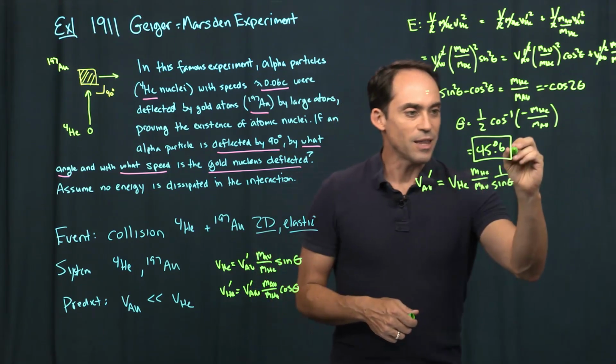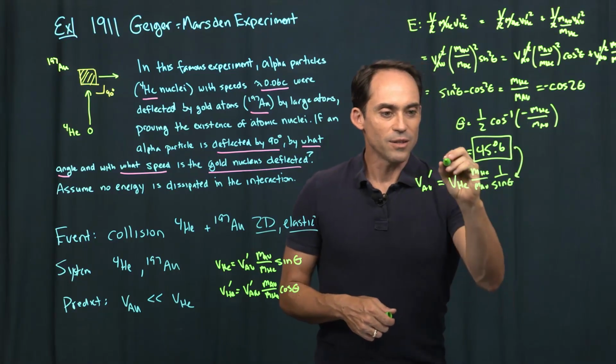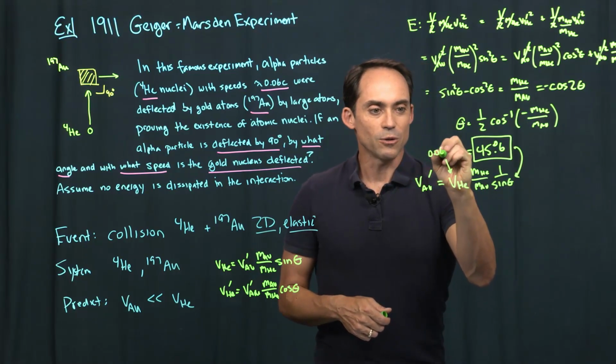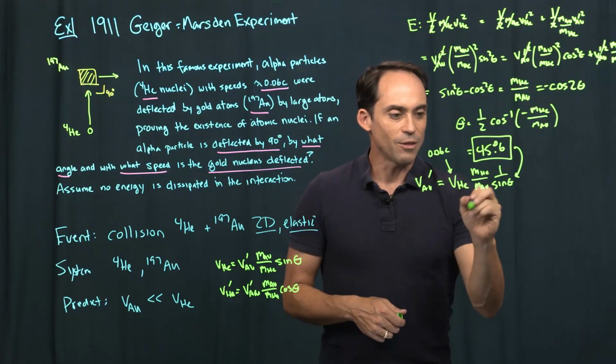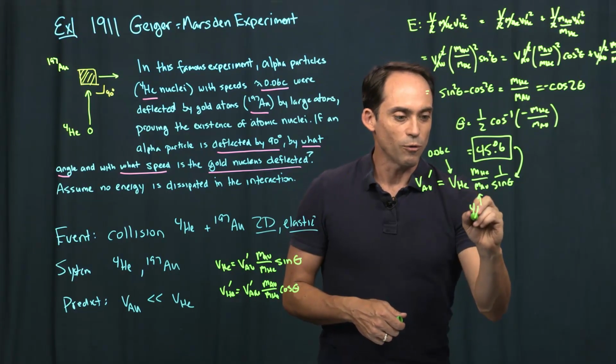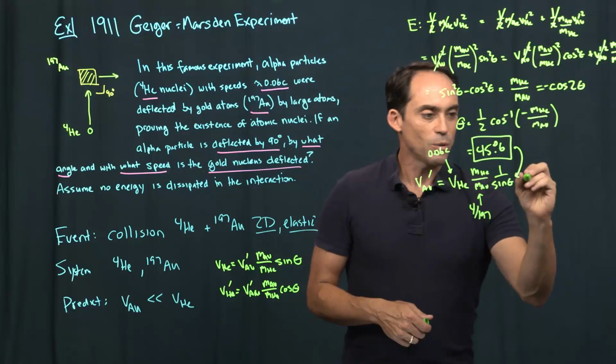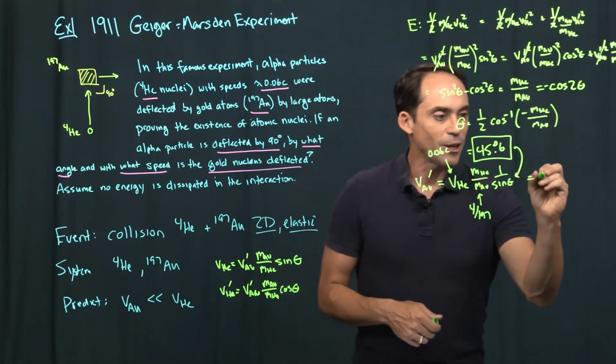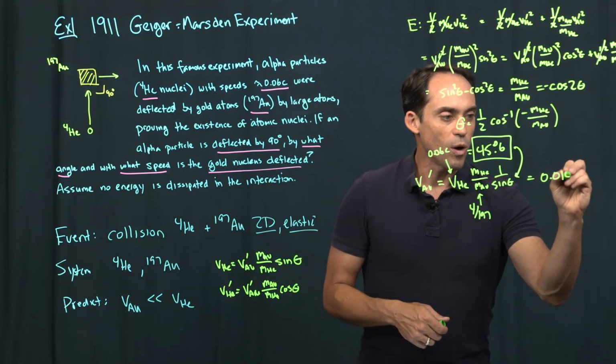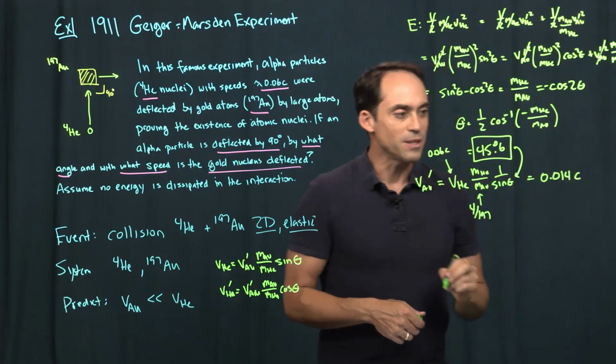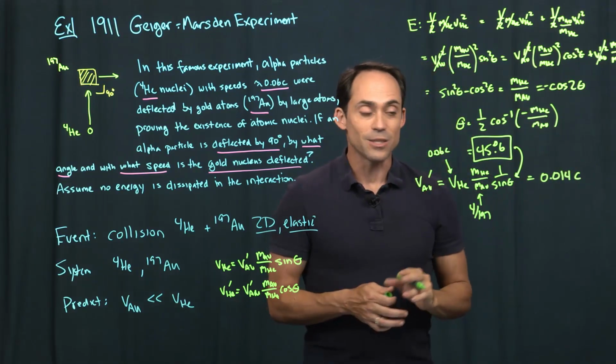But of course, sine theta is this angle, and this number is 0.06 c, and this ratio is just 4 over 197. So when we put all of these numbers in, we get a value of 0.014 times c. And again, c is the speed of light.